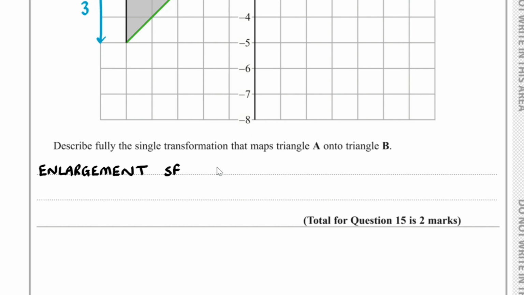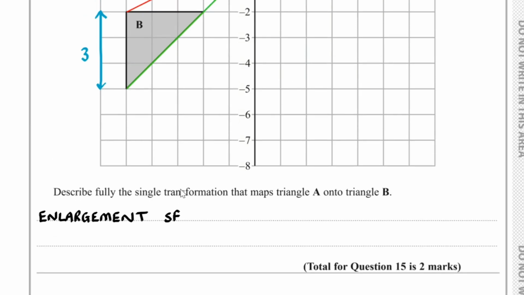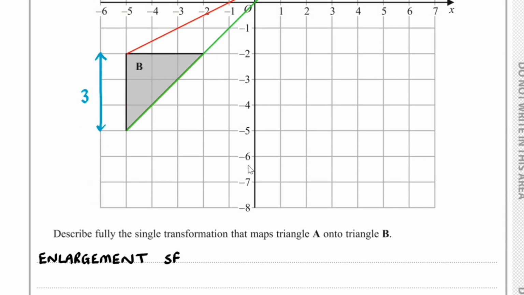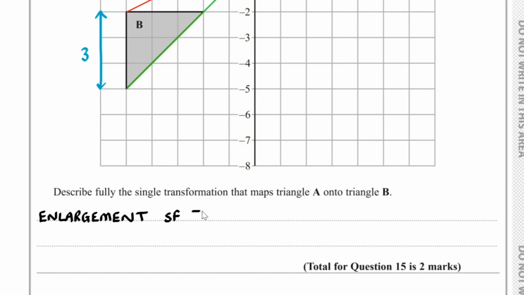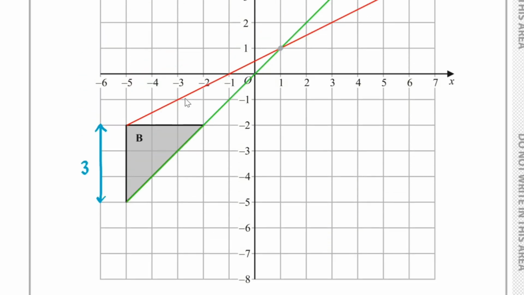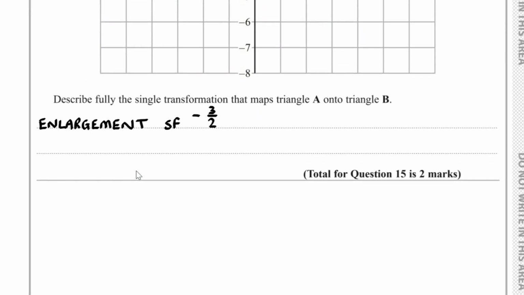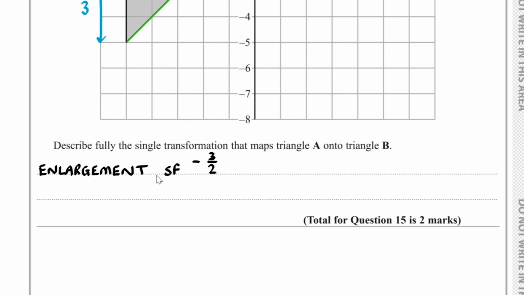And so we've got an enlargement with scale factor. Now here the scale factor will be negative 3 over 2. And the reason it's negative 3 over 2 is because we are going in the opposite direction, and the center of enlargement is 1, 1.